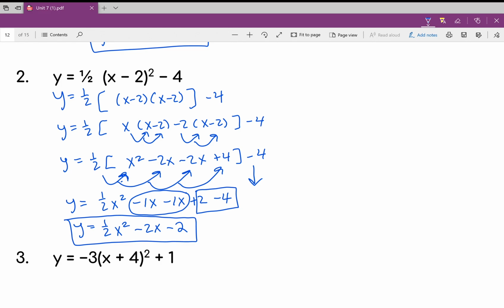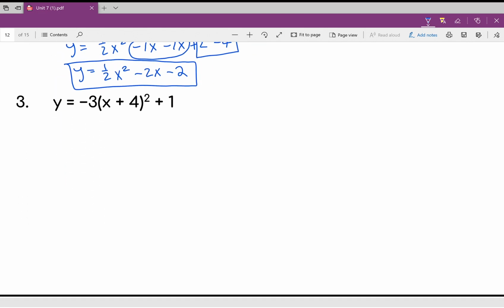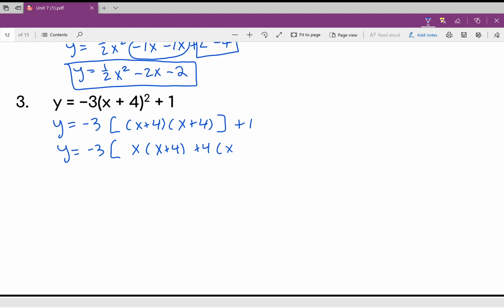Let's look at example 3, the last example. Remember our first step is to write our parentheses 2 times. So I have y equals negative 3(x plus 4)(x plus 4), and then bring down everything else. Then I do double distribution. So I have y equals negative 3, x(x plus 4) plus 4(x plus 4).